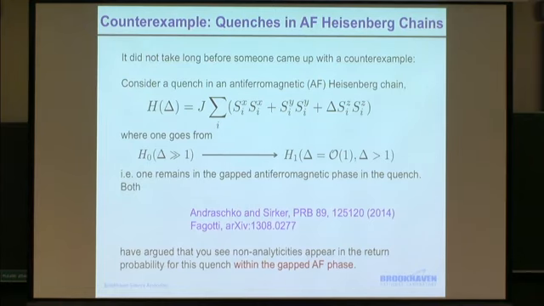The quenches they looked at start the chain in a state where delta was very, very large, so basically a Néel state, and then quench to a point where delta was bigger than 1, but at least finite. Two people, Jesko Sirker and Maurizio Fagotti, noticed that even if you remain within the gapped antiferromagnetic phase of the Heisenberg spin chain, you can see non-analyticities.